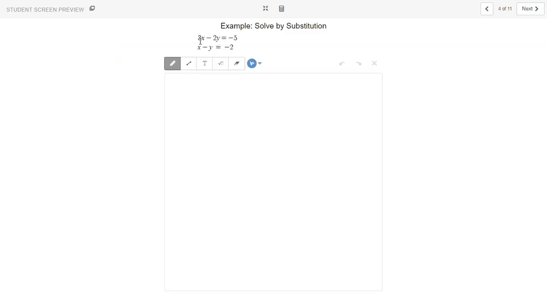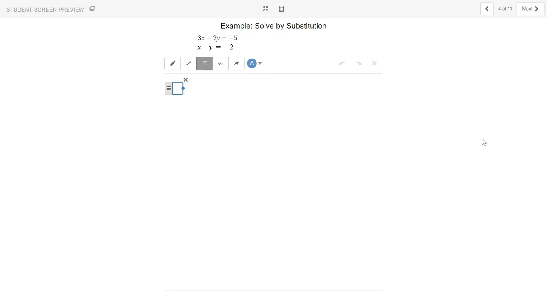Let's do another example using substitution. Now, sometimes our equations are given in standard form, and when they're given in standard form, we need to decide on an equation to rearrange so that I have just x is equal to something or y is equal to something. The second equation here looks like it's an easier equation to deal with.